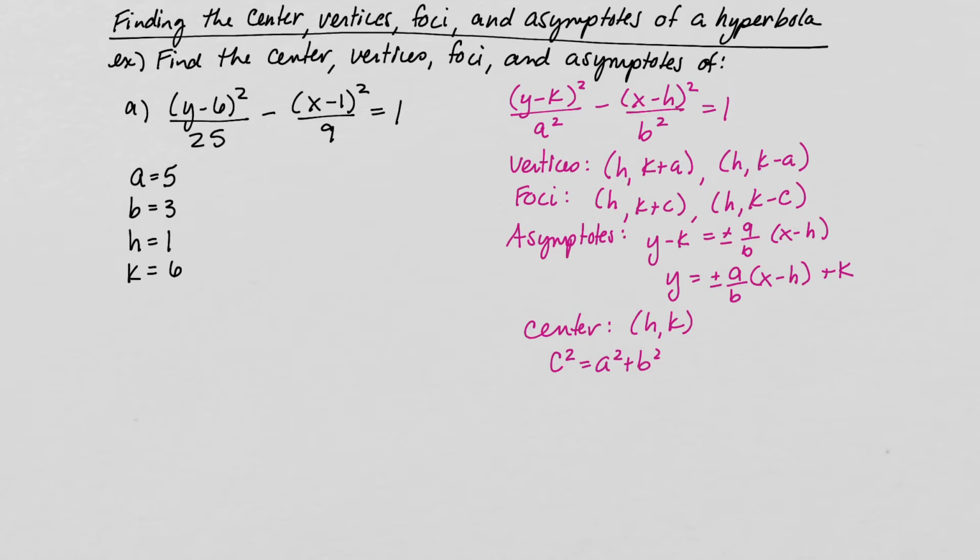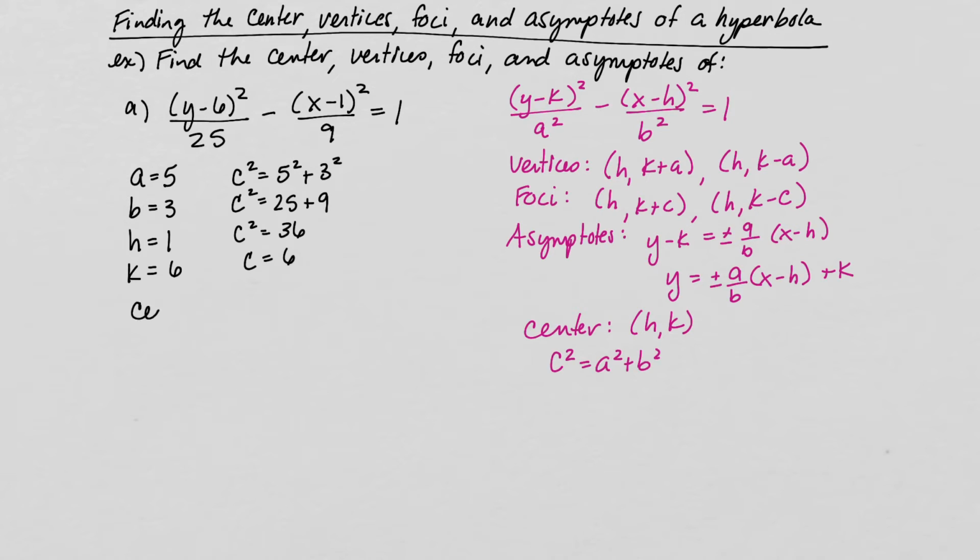And then our c squared is going to be a squared, 5 squared, plus b squared, 3 squared. So c squared is going to be 25 plus 9, so 36. And again, c is a distance, so c is just going to be 6.